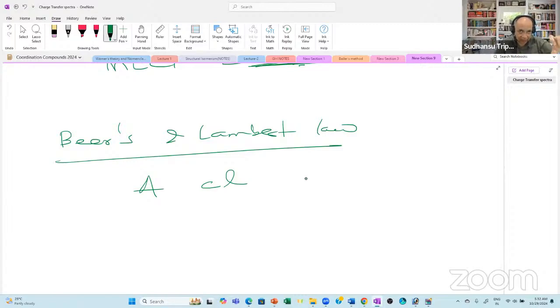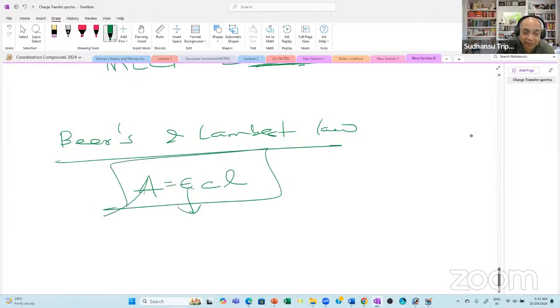White light is passing, it is absorbing some color, and the rest is transmitted, and we are looking at the transmitted color, which is the complementary color of the color which is absorbed. And the proportionality constant is epsilon.